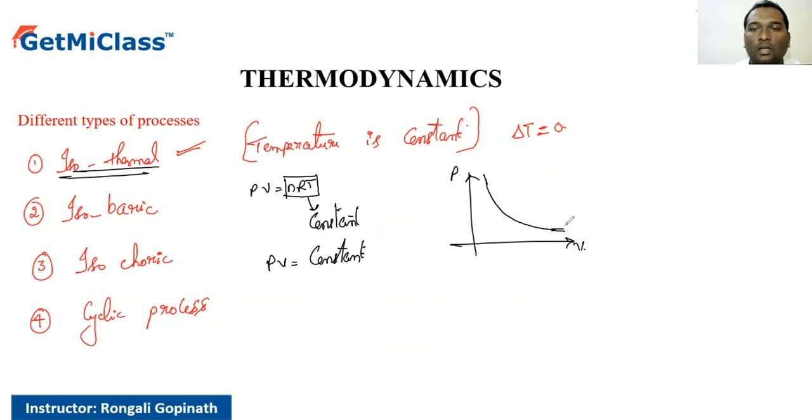Now, what are the other important aspects of isothermal process? Internal energy, delta U, is given by nCV delta T. This is the formula for the change in internal energy. If delta T is always 0, delta U has to be 0 in an isothermal process.